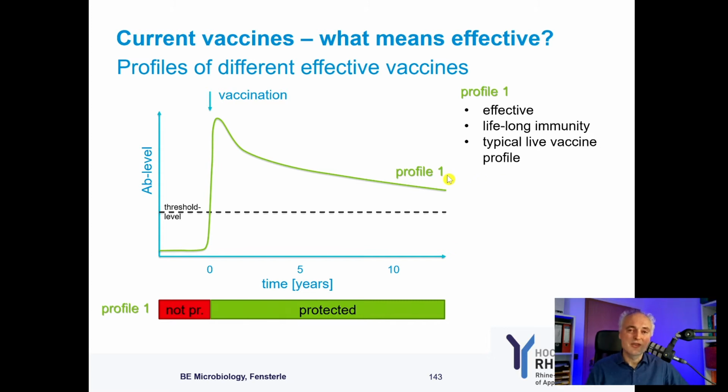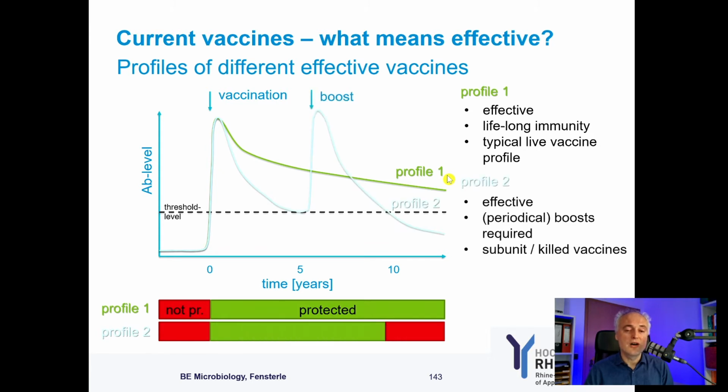This you often see with live vaccines, which are vaccines based on viruses or bacteria which are attenuated but can still replicate. The typical profile of subunit vaccines or killed vaccines, and most likely of any vaccines which cannot replicate, like RNA vaccines or also the AstraZeneca vaccine, which looks like a virus but is just a particle that cannot replicate anymore in the host cells, is different.